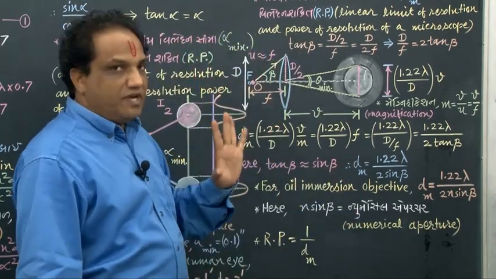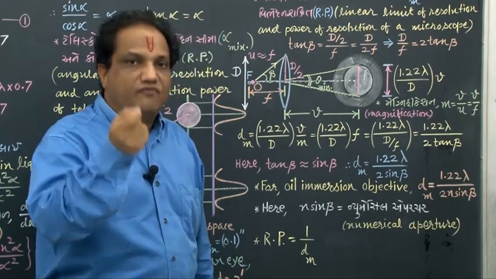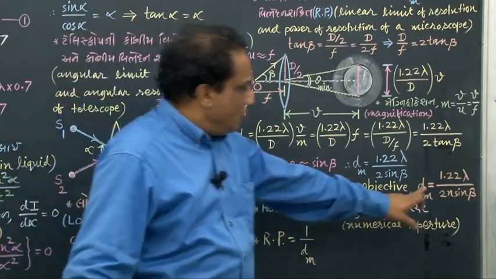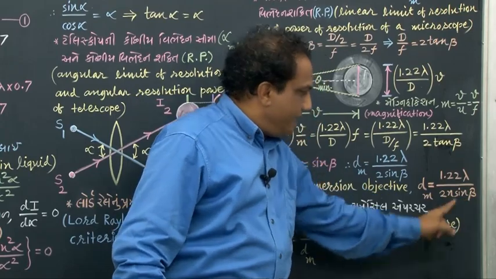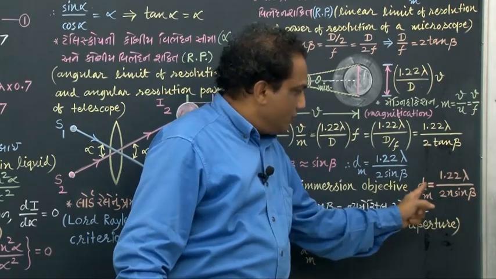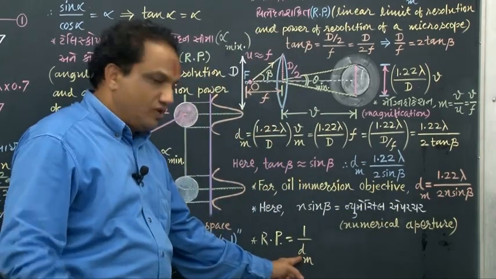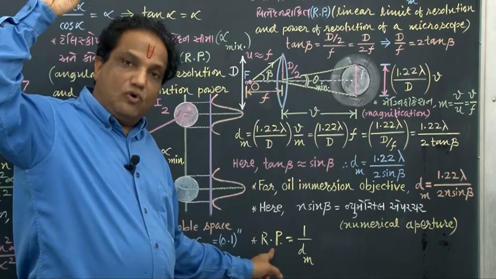Here that medium in case of oil immersion objective is oil, and for oil absolute refractive index is greater than 1. So when value of n is more than 1, naturally the denominator will be more and hence the ratio will be less. So linear limit of resolution will be less, and if linear limit of resolution is less, then linear resolution power would be more.